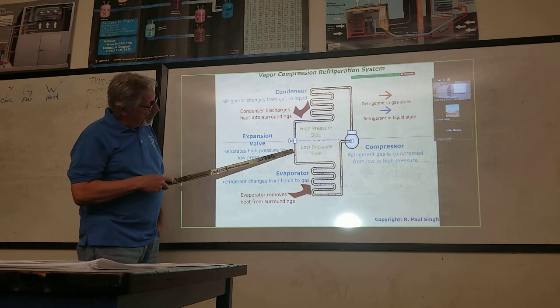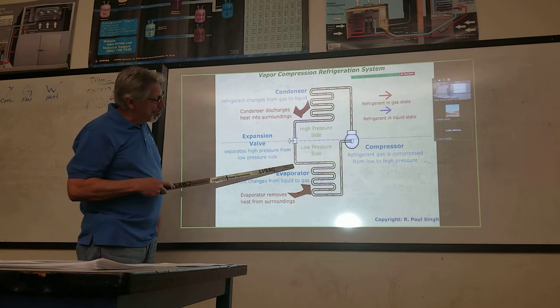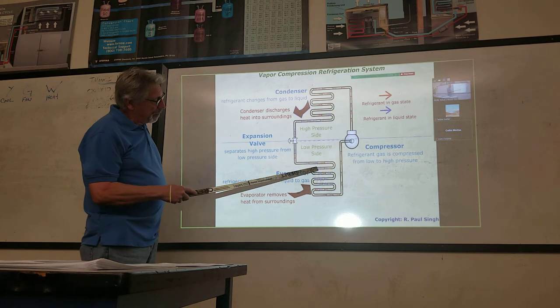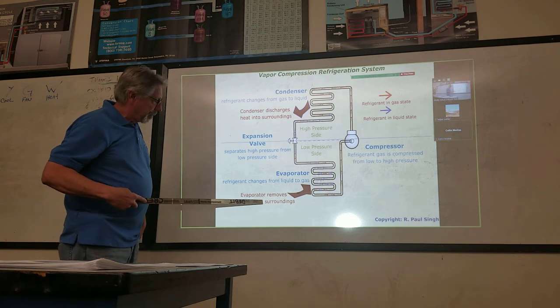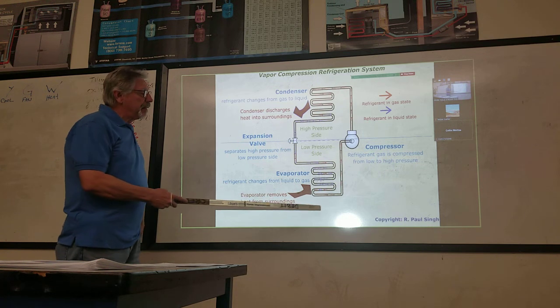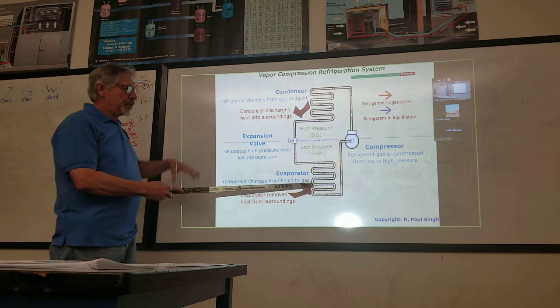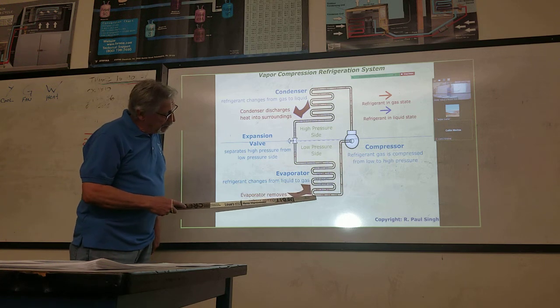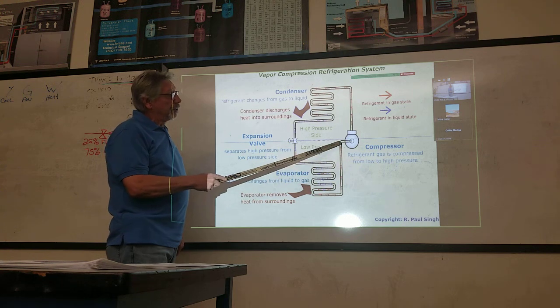You can tell it's a mixture because there are two different color arrows. Then it travels through the evaporator and picks up heat, removing heat from the surrounding air. As it does, it turns completely into vapor again, so here's 100% vapor returning to the compressor.